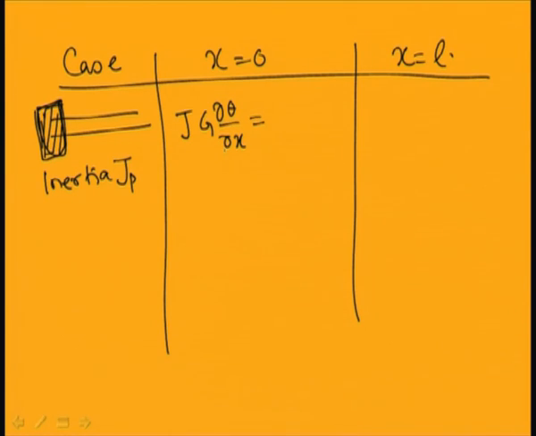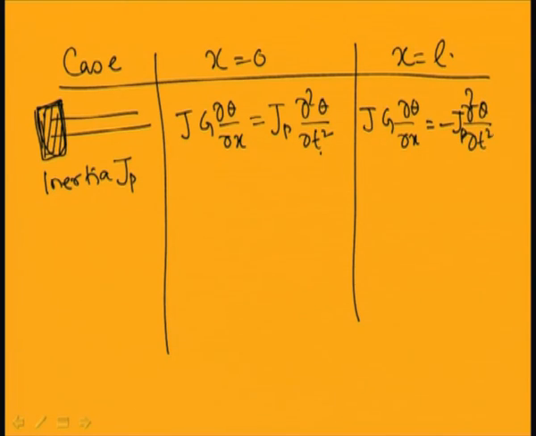The inertia torque will be equal to J p into del square theta by del t square. Similarly, on the right side, G J del theta by del x will be equal to minus J p del square theta by del t square.